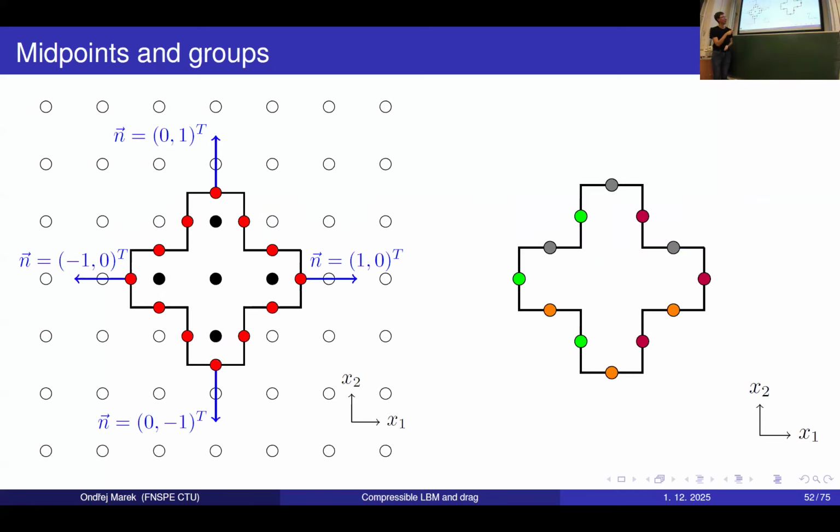So here we have the 3 sets. Basically, we take the middle of each boundary and split it into groups by the normal vector. So for the green group of nodes, the side which will approximate the integral has the normal -1, 0.